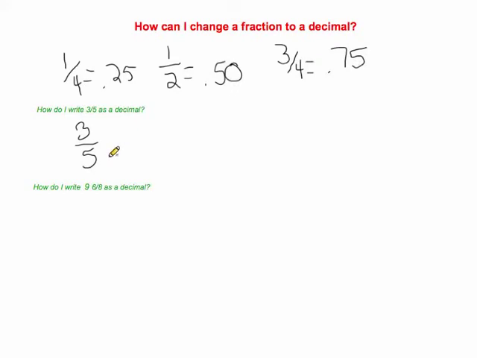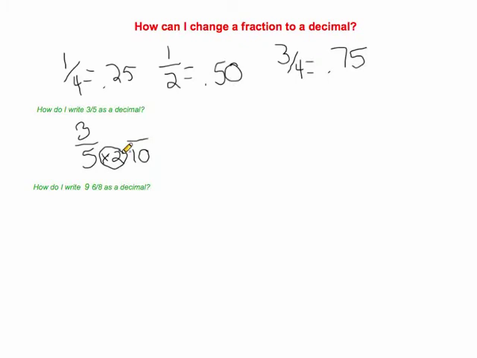So I know that 5 is easier to get to 10. So I'm going to make the denominator a 10. To get that, I have to times the 5 by 2. So I'm timesing this denominator by 2 to get 10.